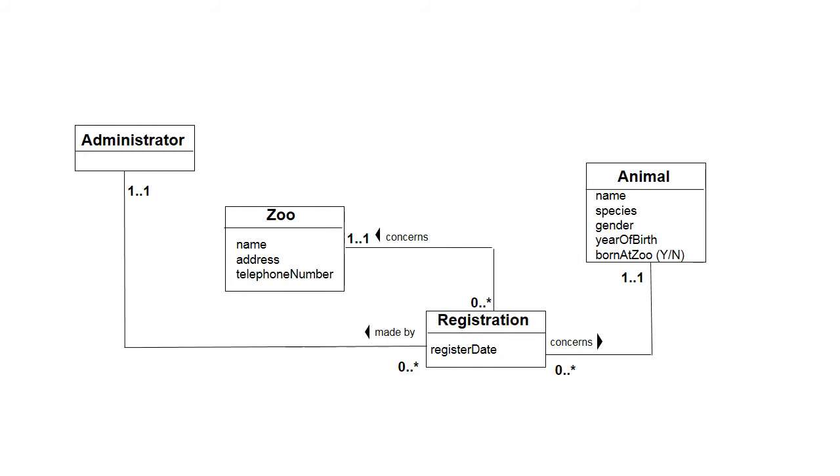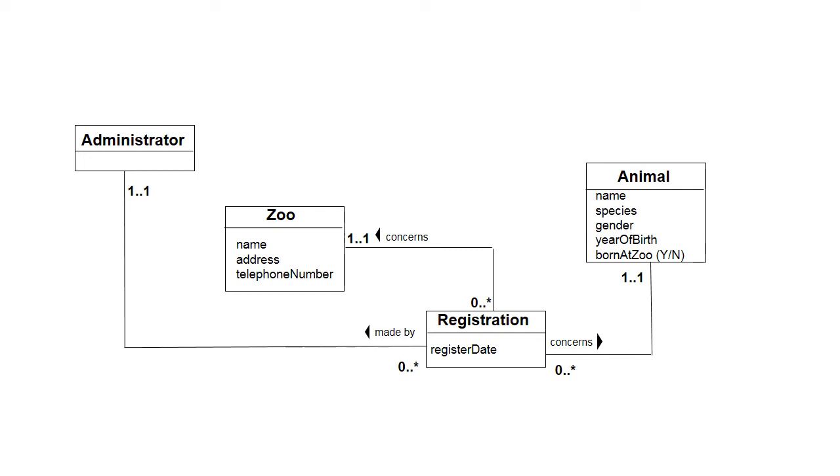An interesting notation here is that towards registration we have 0 to many. From registration we have 1 to 1. And the reason for this is that the registration class is actually a class that represents business events, and they usually have a date as an attribute.